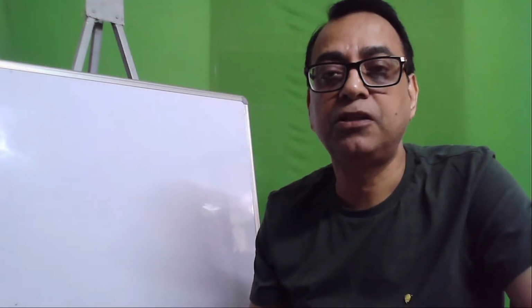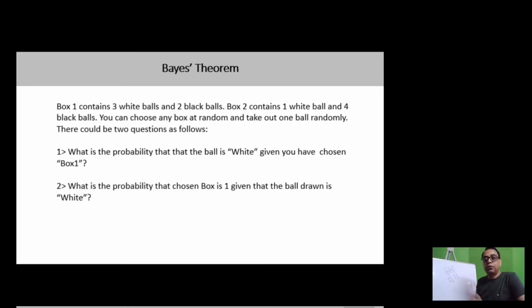So first, before going into Bayes theorem, let me give an example where Bayes theorem is required. Let us look at this question. Box 1 contains 3 white balls and 2 black balls, and box 2 contains 1 white ball and 4 black balls. You can choose any box at random and take out 1 ball randomly. Now there could be two questions. Question number 1: suppose you choose the first box, box 1, then what is the probability the ball will be white?